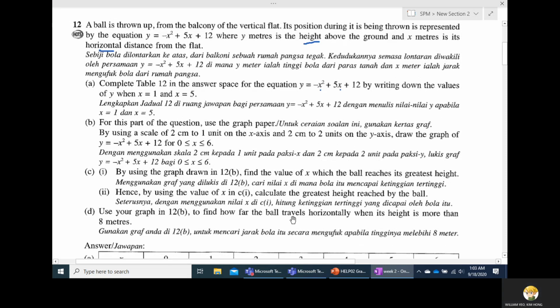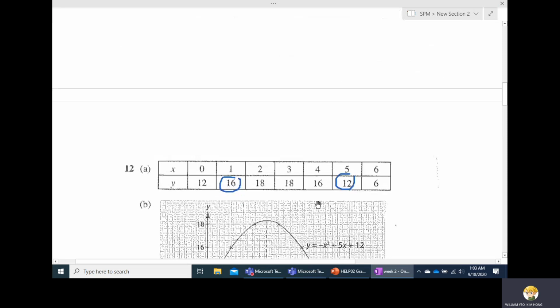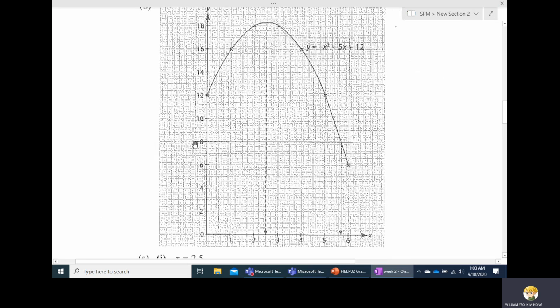Now, what is this? Horizontal is x. So the question is asking to find x when its height is more than 8 meters. So when y is more than 8, what is x? That is the question. Now go to the graph. 8 is here, right?